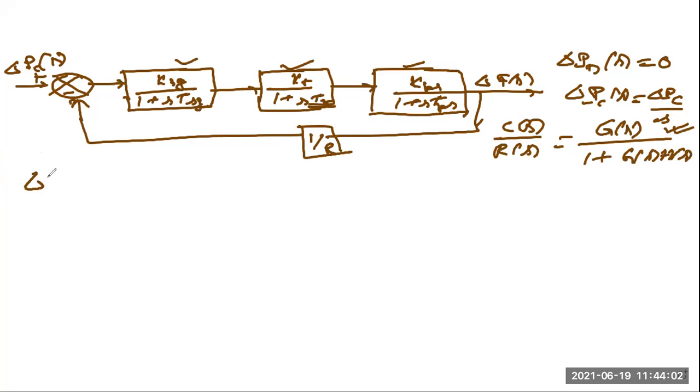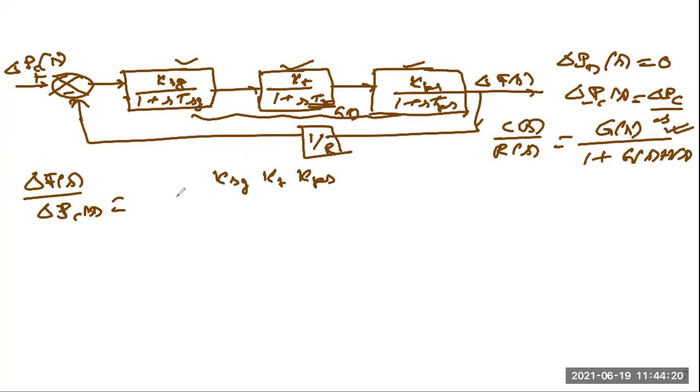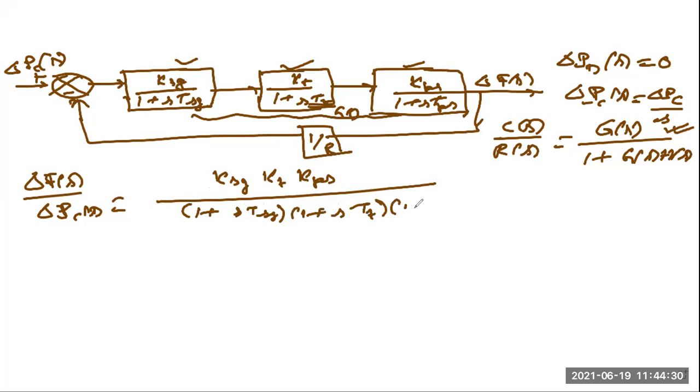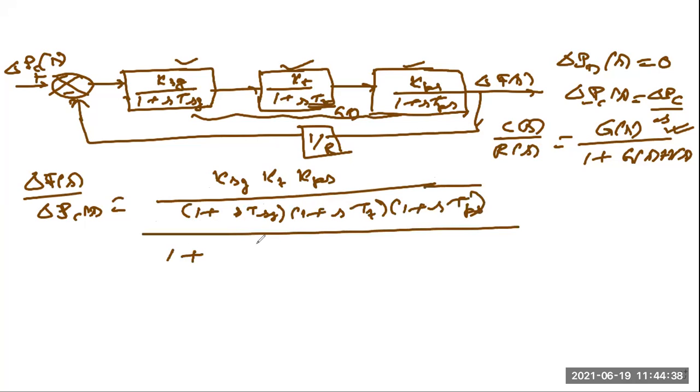So this will be delta FS by delta PCS equal to, this is your GS, basically GS. So this is KSG KT into KPS divided by 1 plus STSG into 1 plus STT into 1 plus STPS, divided by 1 plus GSHS.